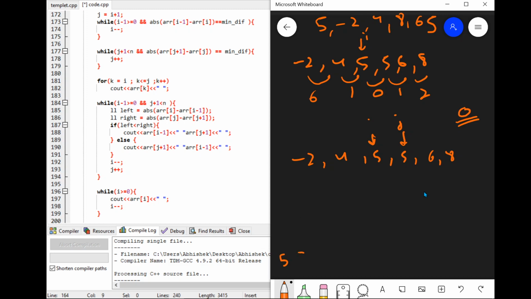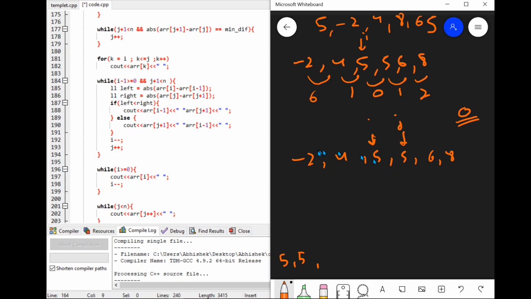Okay, and then from i to j we are printing, so the output also let's maintain somewhere here. So the output here we would be having would be like this. Then we are going to both the sides, so the left is absolute of this minus this, which is 1, and right is absolute of this minus this, which is also 1. So left is equal to right, so this will not work. We will be entering this. So first we would be printing 6, then 4, and then i would be coming here and j would be coming here.